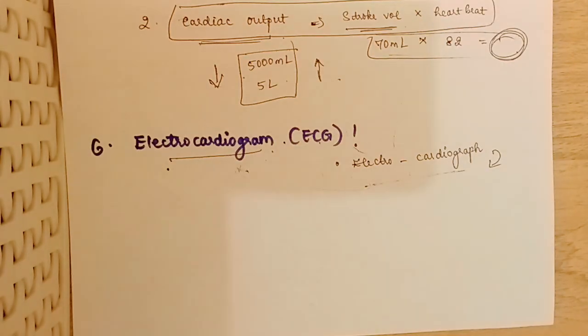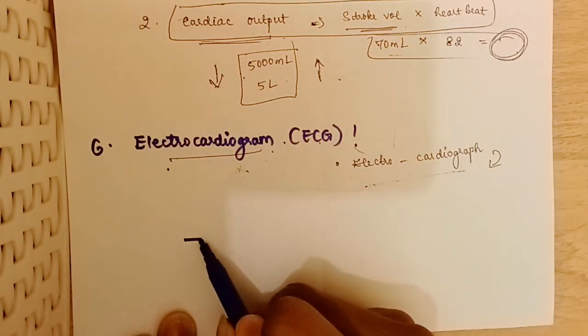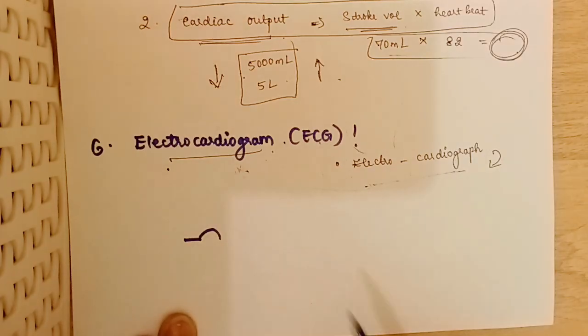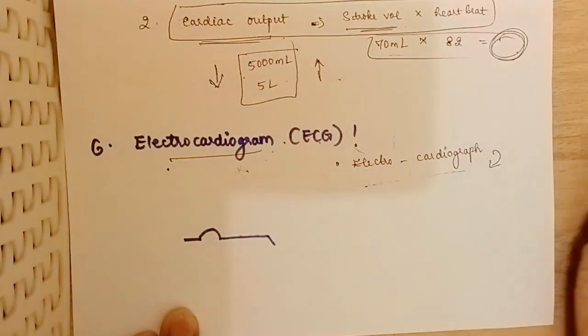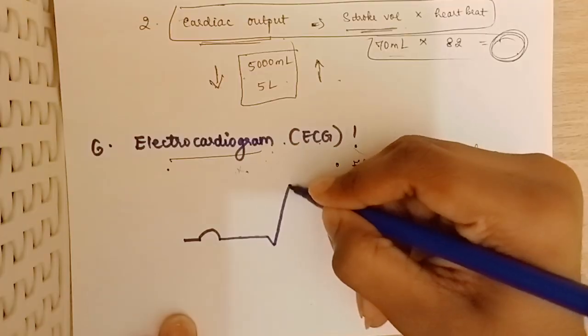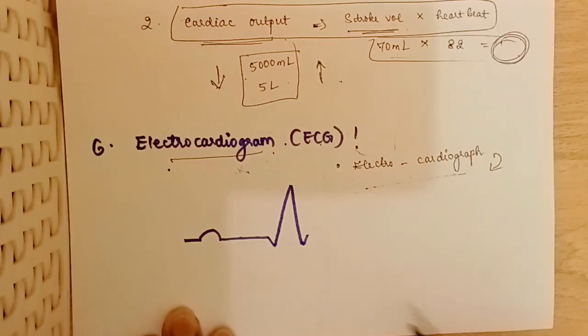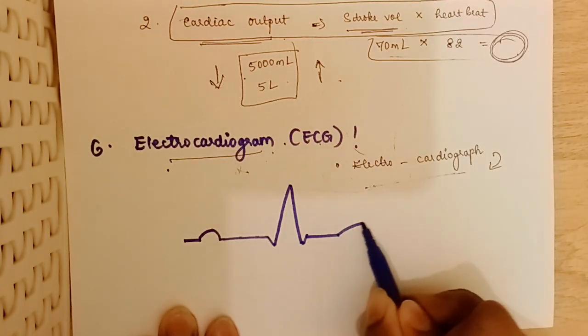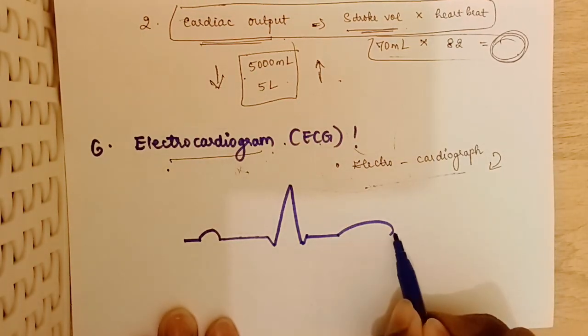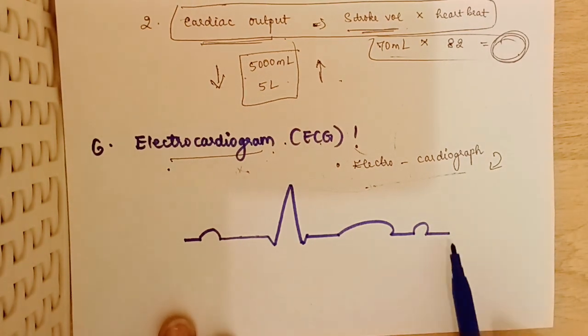Now what is a standard ECG? This is how you draw it. A small, tiny curve like this, and again a straight line, a small dip down, and a huge line upwards. Again it goes downwards to the same level as the other dip, then it goes like this, a slightly larger curve, again a straight line, and then again a small curve.